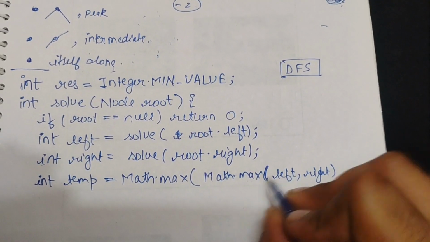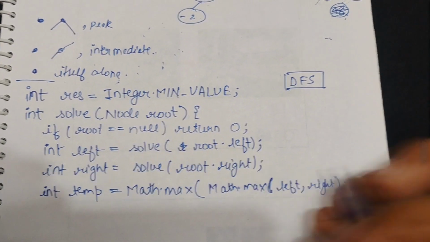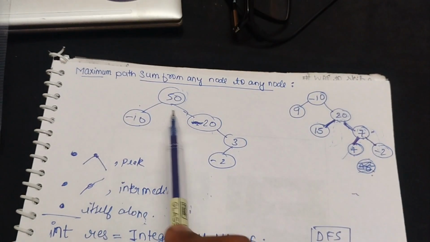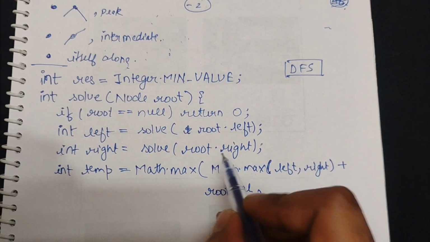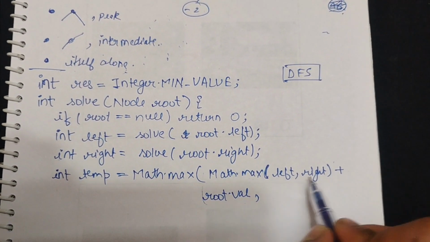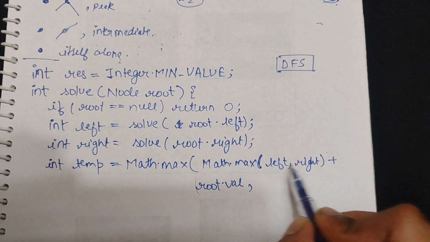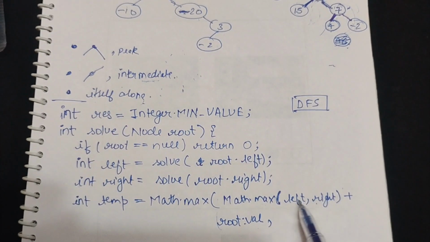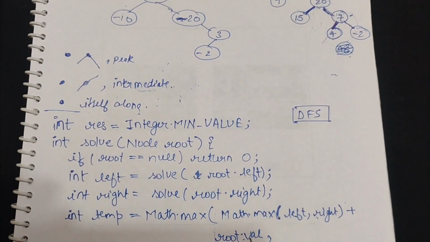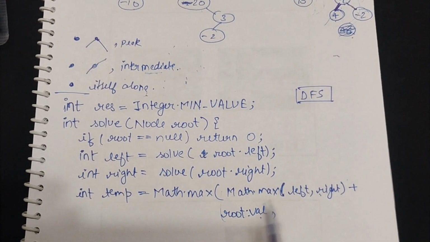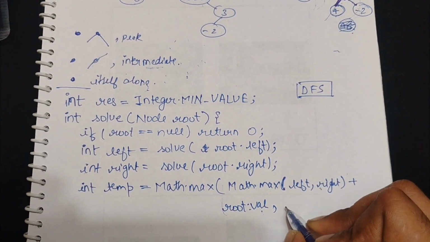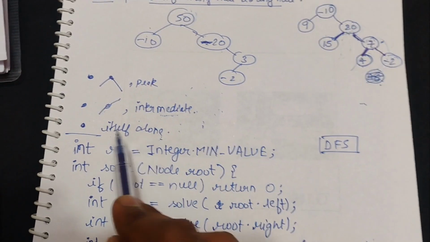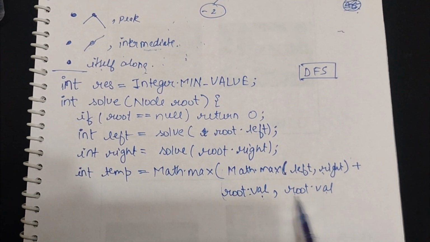I'll choose one, the maximum of left and right, plus I'll add root dot val, because we are calculating the path sum. This is the intermediate, because I'm choosing one of the left and right, plus root dot val. Add its own value, comma, another is root dot val. This root dot val means only itself alone, don't choose left or right, only itself.